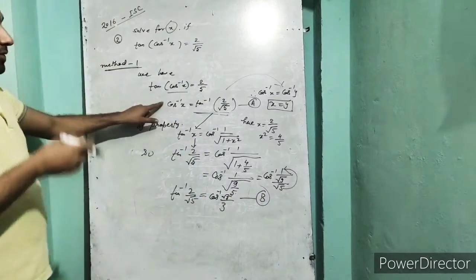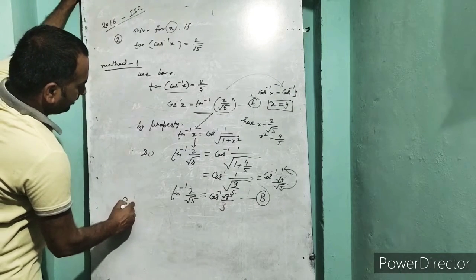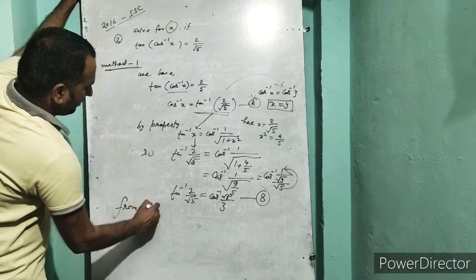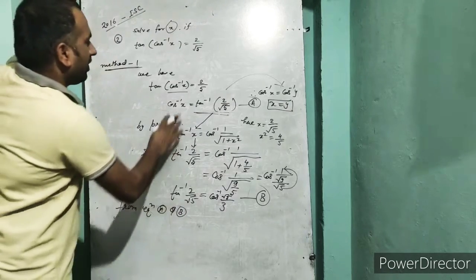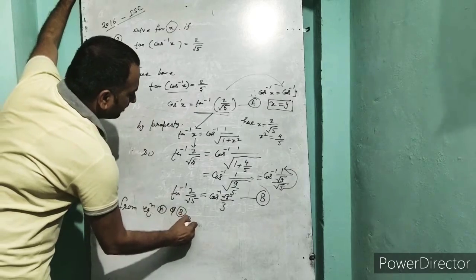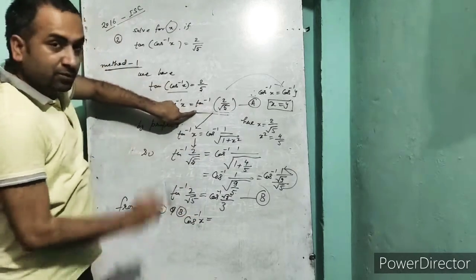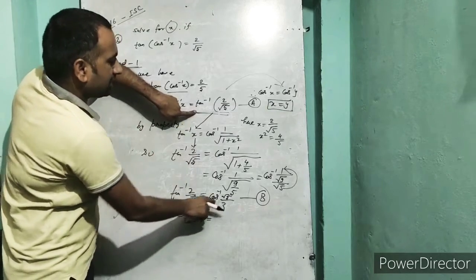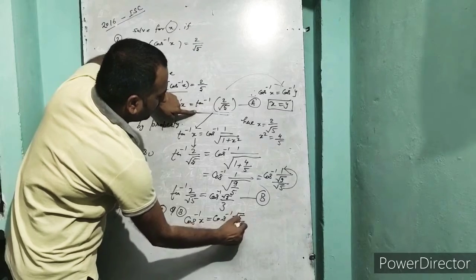So from equation A and B, what you get? Cos inverse x is equal to tan inverse 2 upon root 5, and the value of tan inverse 2 upon root 5 is cos inverse root 5 upon 3.